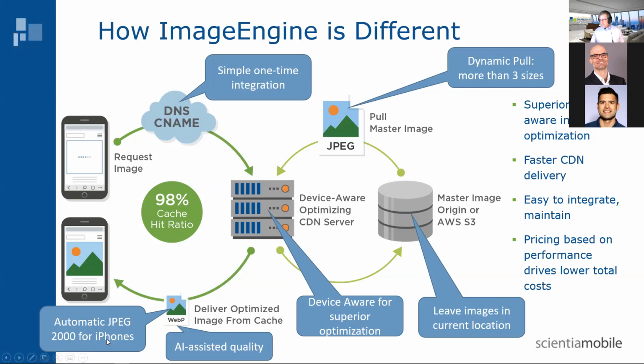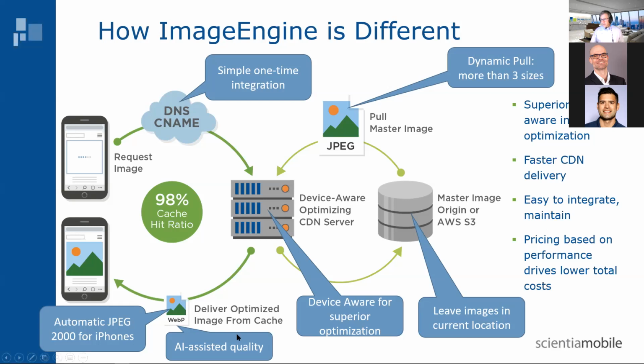And finally, we can identify iPhones more effectively. Our device detection not only identifies iPhones, but knows how to convert things into a JPEG 2000 or JP2, as you might know it, file format, which is a much more efficient file format for the Apple Safari browser.